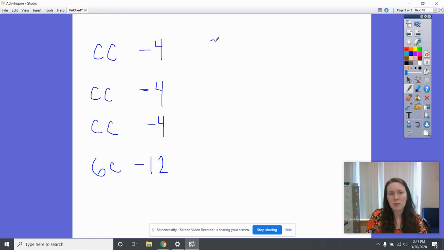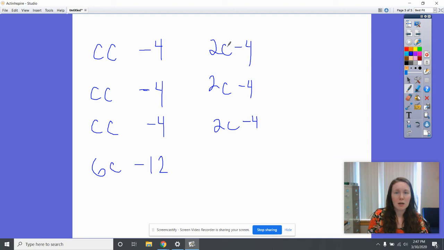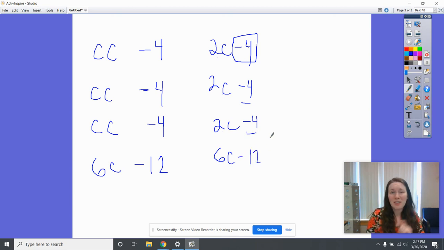A little bit faster, instead of counting 1, 2, 3, 4, 5, 6, I could count 2, 4, 6 and know that I have 6 c's, and then negative 4, notice that's a negative, right? Negative 4, negative 8, negative 12. And there's our really fast way with distribution. I have this expression 2c minus 4, and I have that whole thing 3 times.